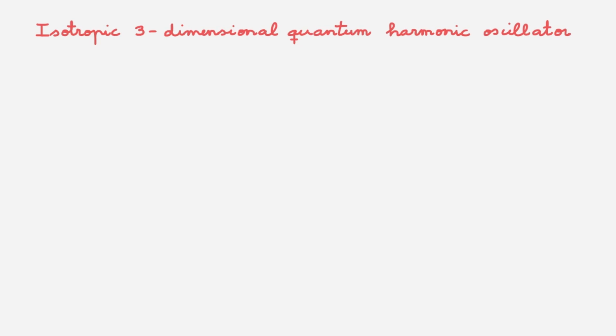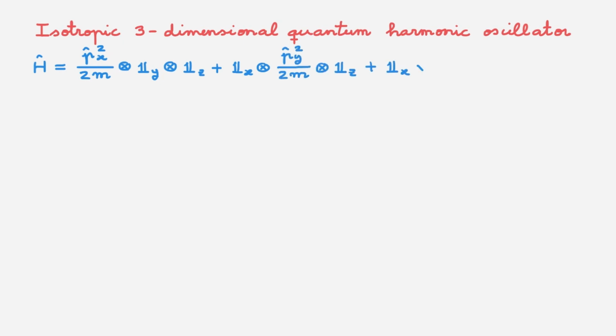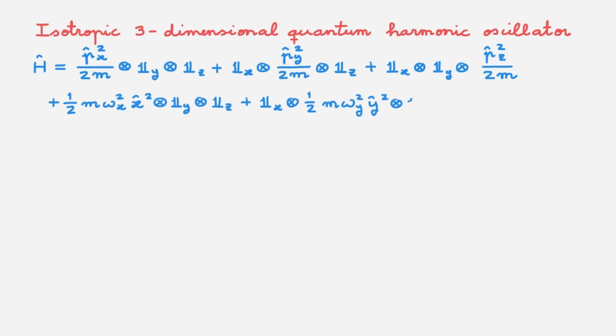As a very quick reminder, the Hamiltonian H of a three-dimensional quantum harmonic oscillator is given by the kinetic energy of the particle moving along the x direction, plus the kinetic energy of the particle moving along the y direction, plus the kinetic energy of the particle moving along the z direction. And we also need the potential energy terms, the one along the x direction, along the y direction, and along the z direction.